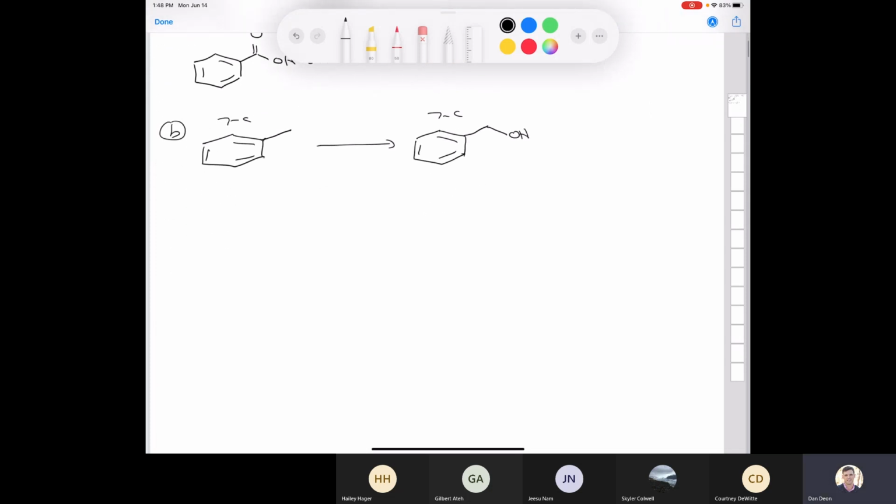But we do know that we can oxidize toluene because it has benzylic protons, right? All we have to do is treat it with sodium dichromate, sulfuric acid. Oops. Got acid on the brain here. There we go. And we could make benzoic acid just like that.